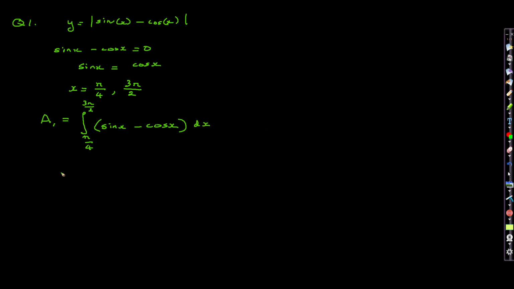Okay, now if you then integrate, that's going to be minus cos x minus sine x between those limits. Sorry, this is a bit laggy here, this interface I've got here.